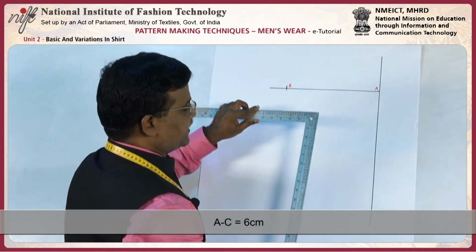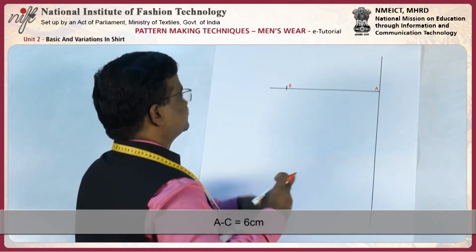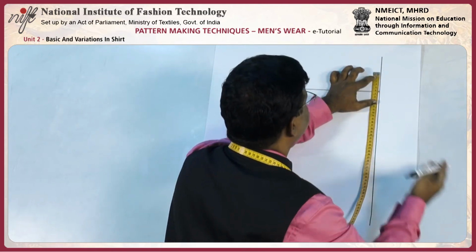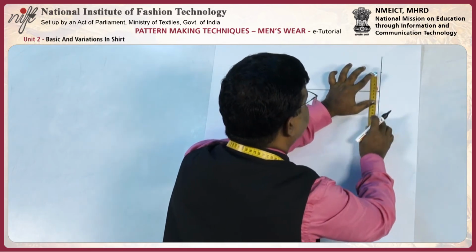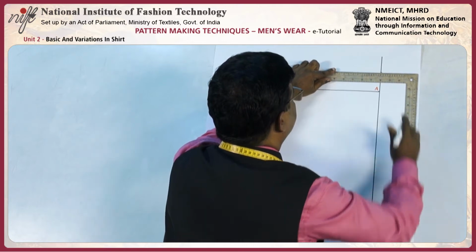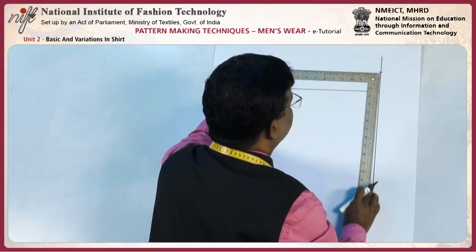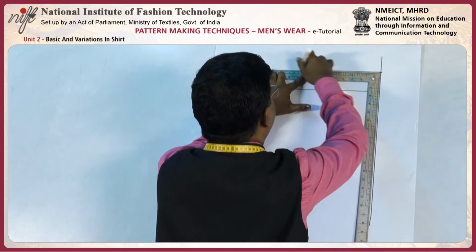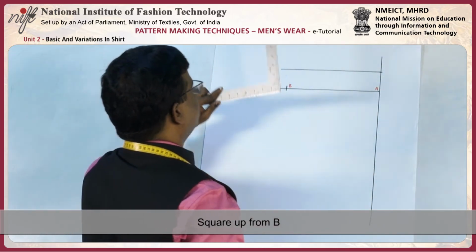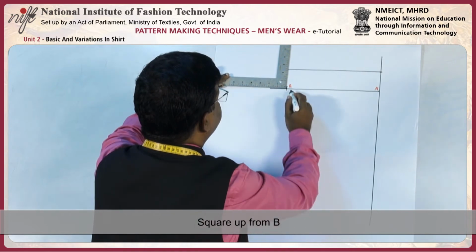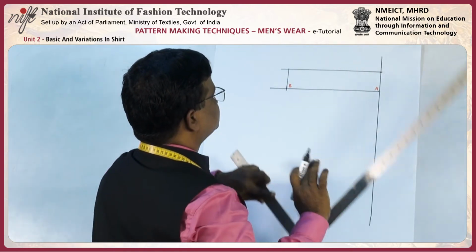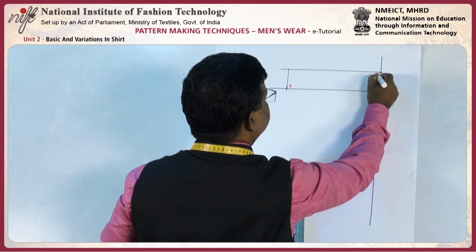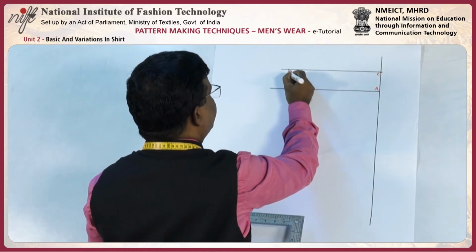A to C, 6 centimeter. Square out from C, then square up from B, and label it D.